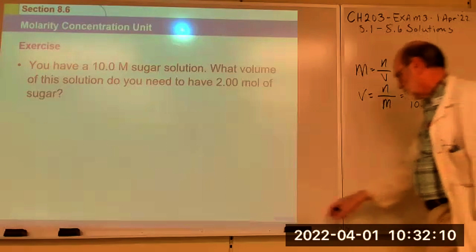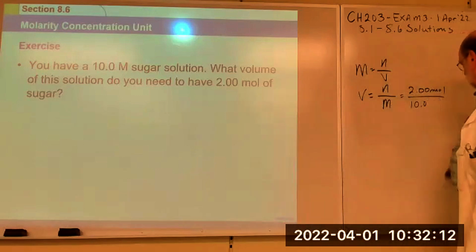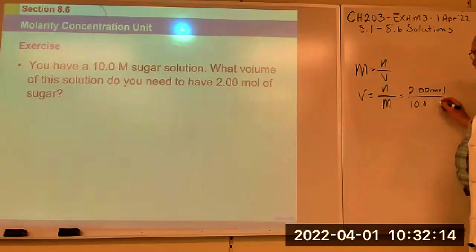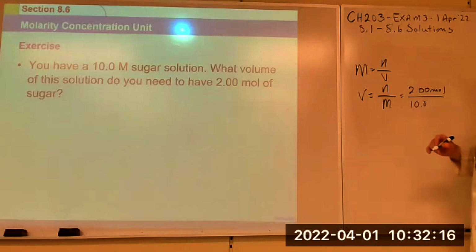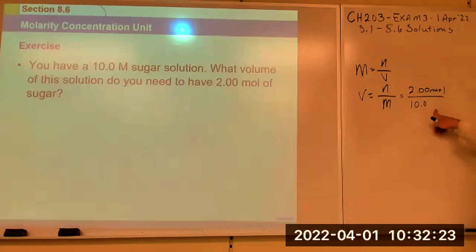10 molar. So what does molar mean? If you're going to cancel units, sometimes it's useful to convert. So instead of putting a big M here, I would put moles per liter. Then we know that this mole cancels that mole, and the denominator of the denominator is the numerator.